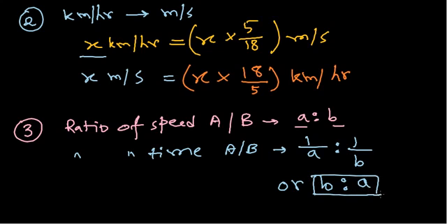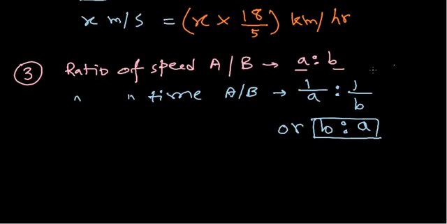This is very important. The time taken will always be opposite, because if you have higher speed, you take less time to reach there. If you require more time, your speed is low, right? So the speed ratio and the time ratio are inverse of each other.